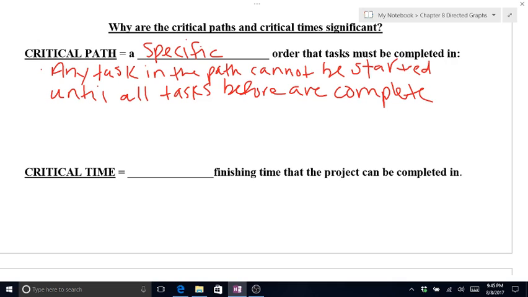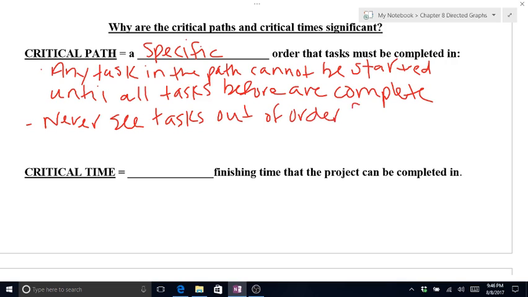So in other words, you'll never see tasks out of order from the critical path.